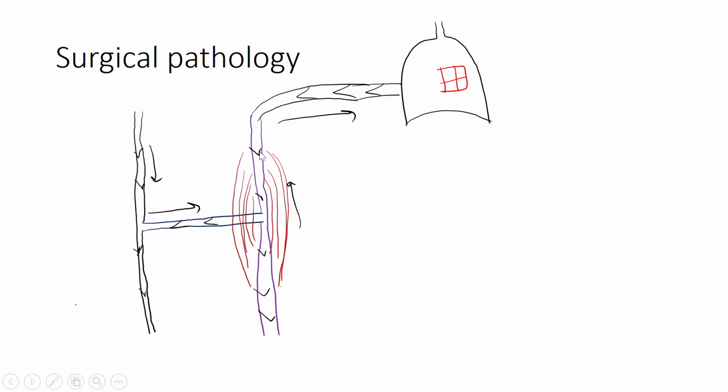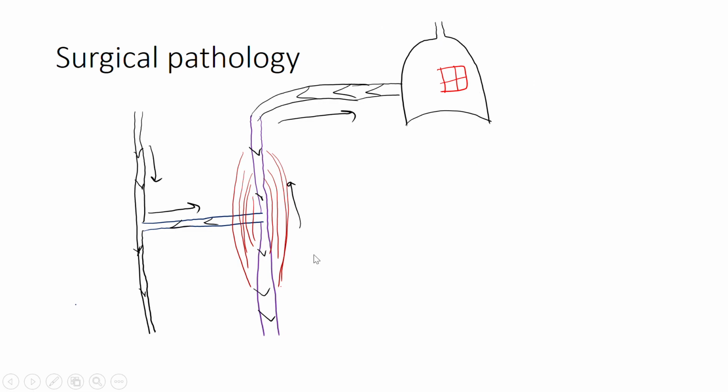Whatever markings you can see here are your valves. These valves, present in the deep veins and also in the superficial veins, prevent the backflow of the blood. When the blood is supposed to move forward, the valves prevent backflow. We also know that during inspiration in the thorax, a negative pressure is created, which pulls up or sucks the blood.